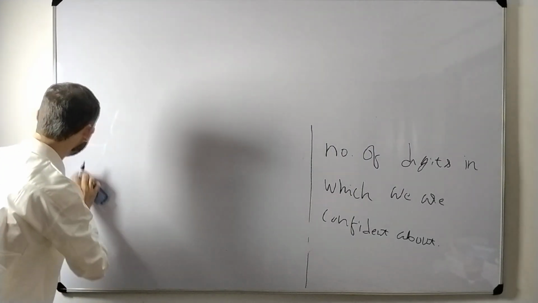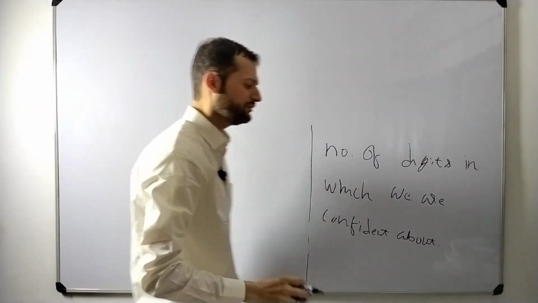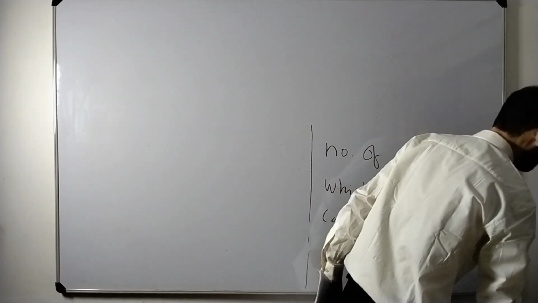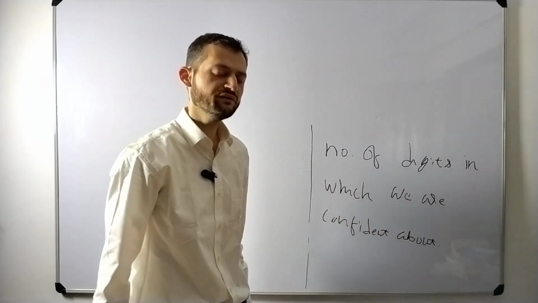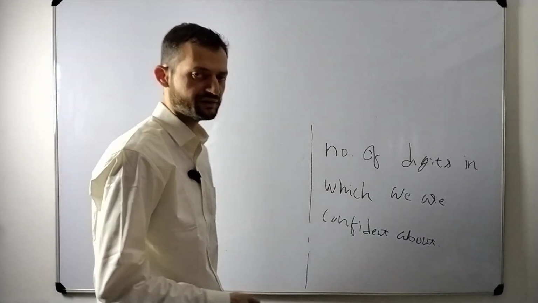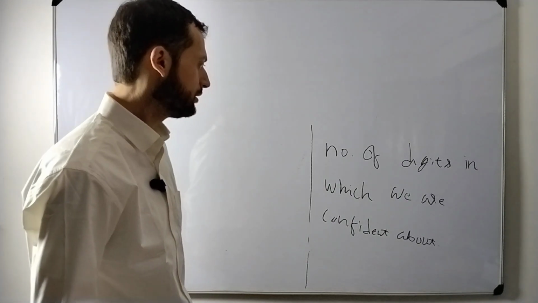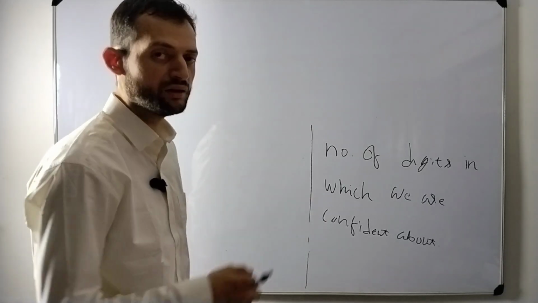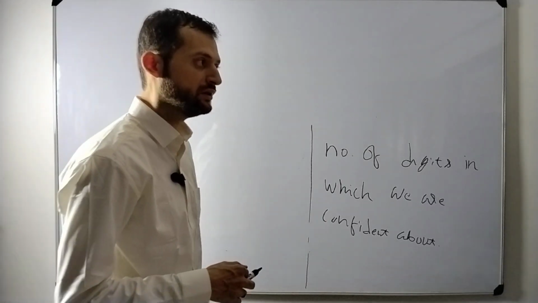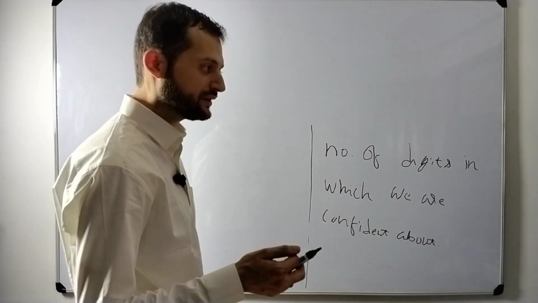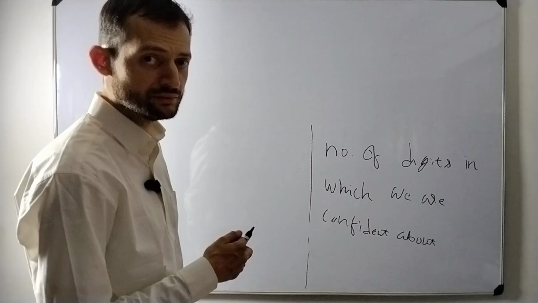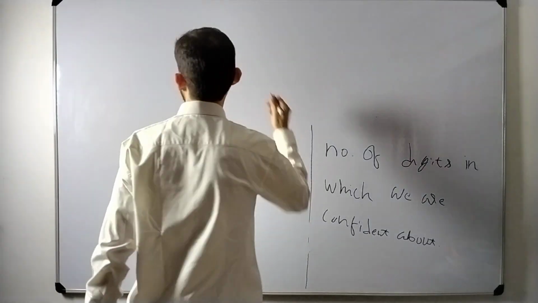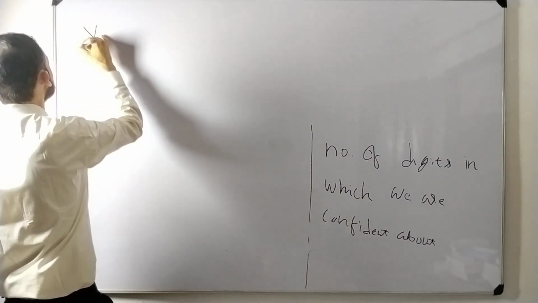Now you would say, sir, this explains quite a bit about the experiment, but what if the number of digits in the observation is very high? What would you say then? Does the significant figure tell us that the observation is true? So we would say yes.